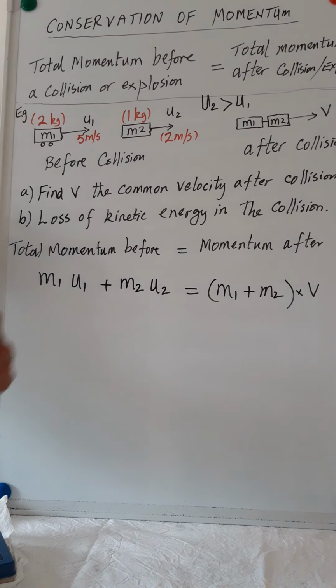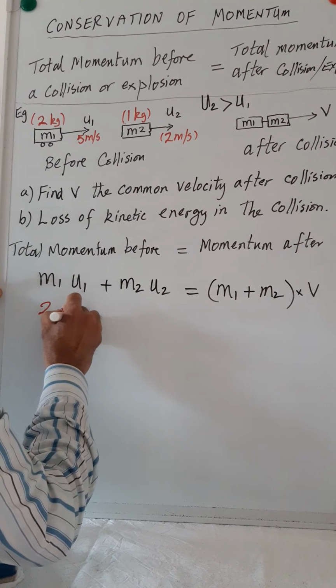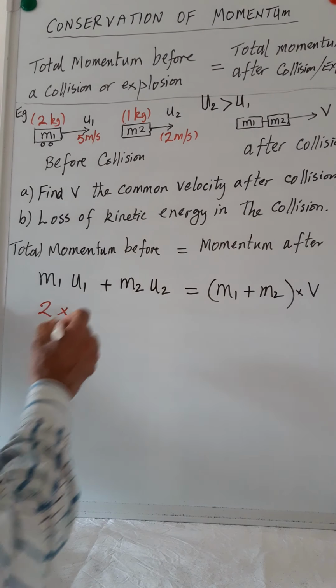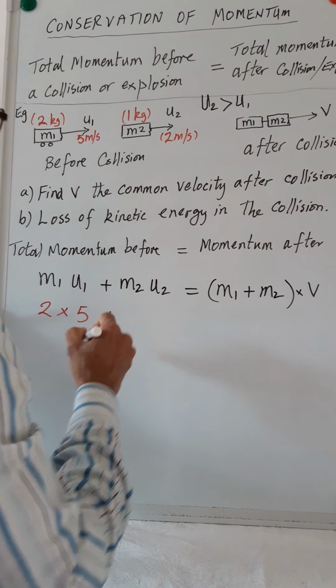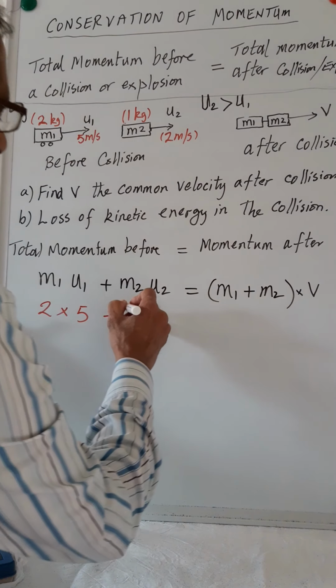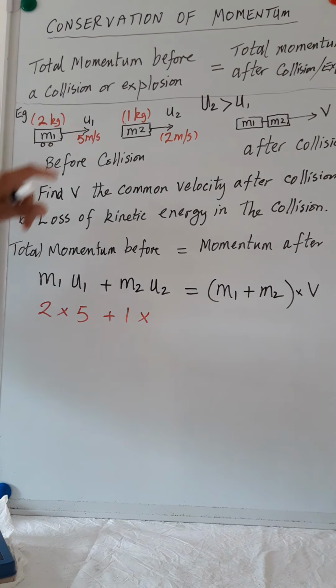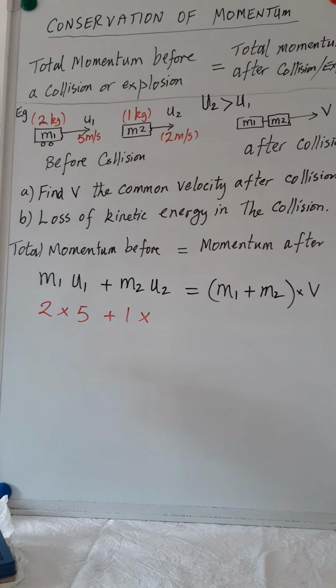Okay, m1 is 2 times u1, which is 5, plus m2, which is 1 kilogram, times u2, which is 2 meters per second.